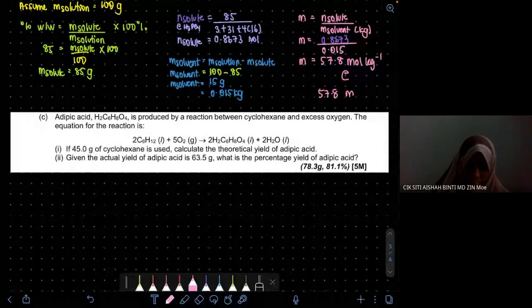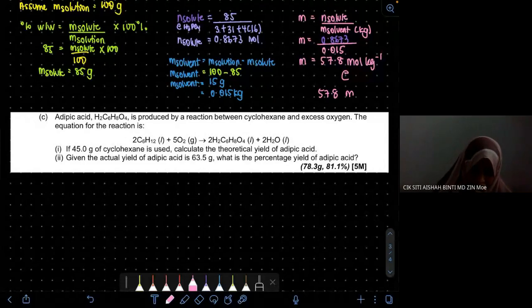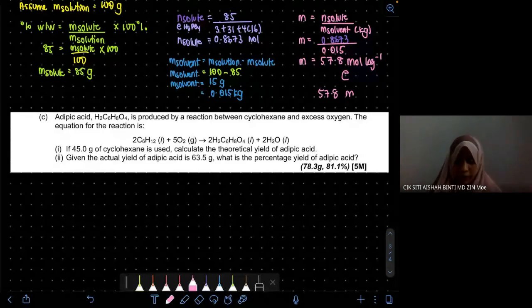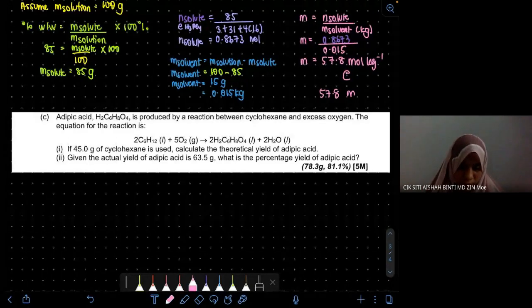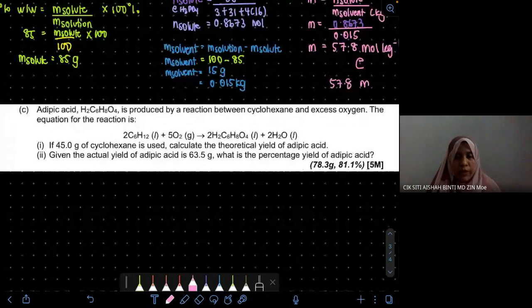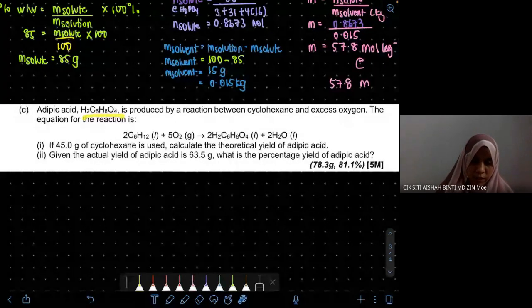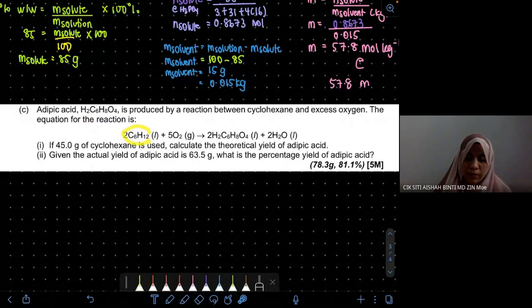Okay, so for question C, adipic acid is produced by reaction. Theoretical yield of, okay, kita tengok. Question C ni let's do it together. H2C6H8O4 is produced by reaction between cyclohexane kita dengan excess oxygen, and this is the equation.